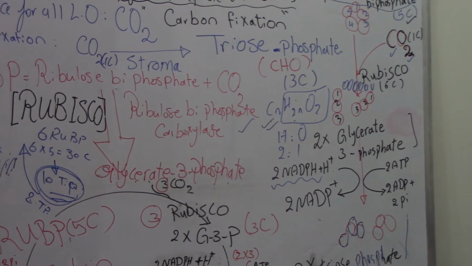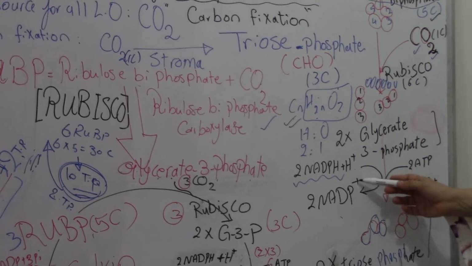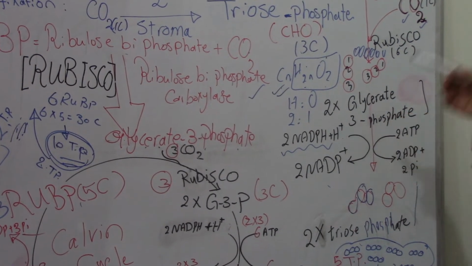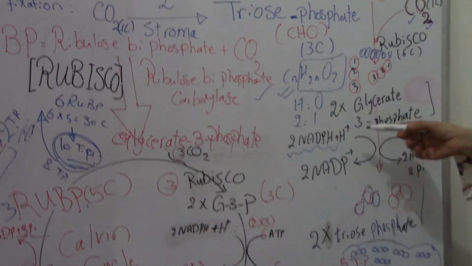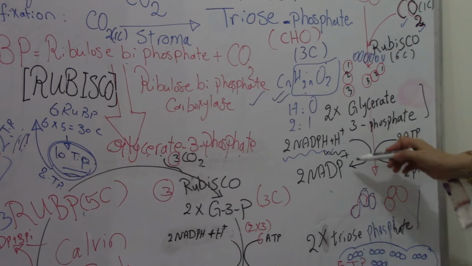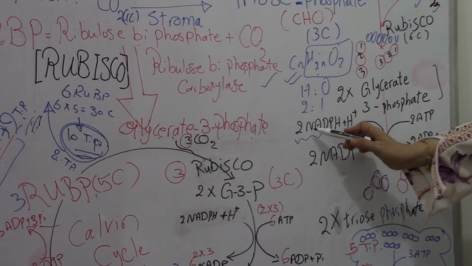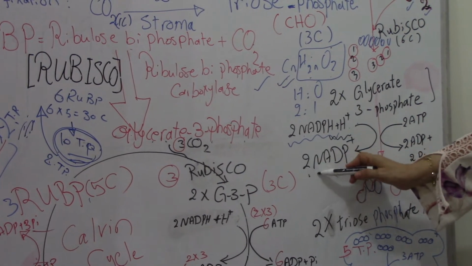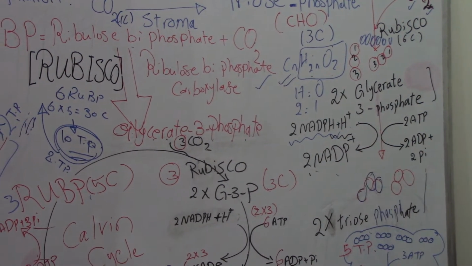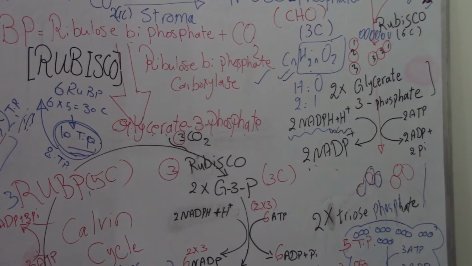What is the source of this hydrogen? The source of hydrogen is reduced NADP, which is produced from the light-dependent reaction. Reduced NADP is going to donate a pair of protons to glycerate 3-phosphate, and then the reduced NADP will become oxidized NADP. This process requires energy.